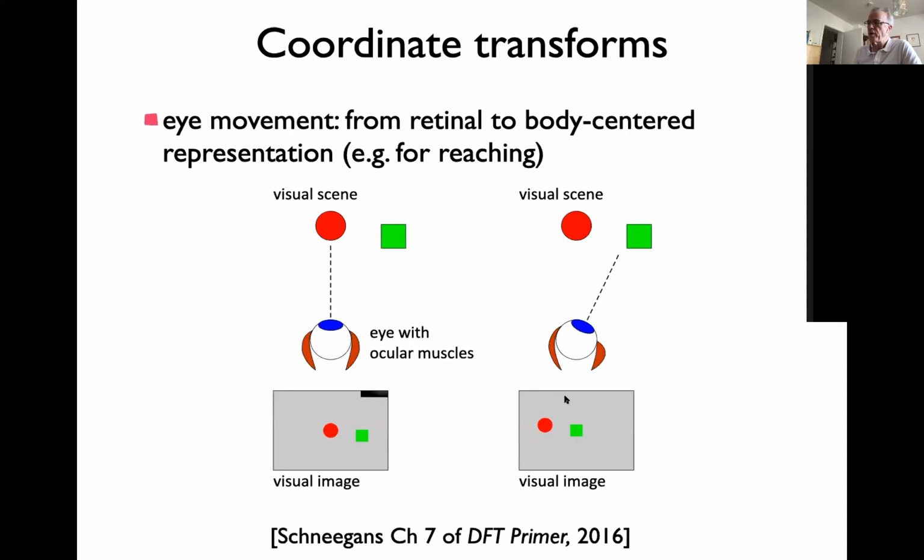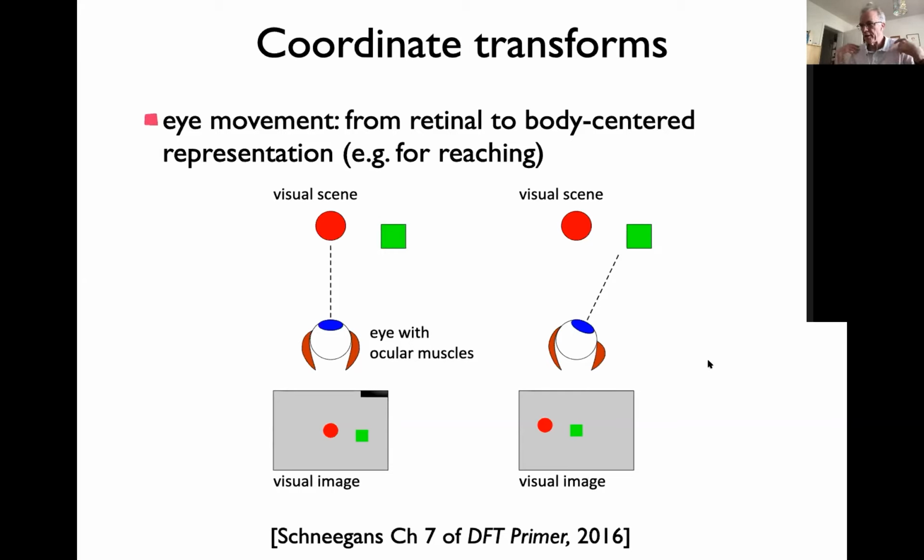So the retinal frame is variant, and the coordinate transform issue is that you might want to have a representation of the visual space that is invariant under that gaze shift, just like the visual scene is. For instance, that is anchored, let's say, in the body or in the head. I'm not looking into the difference between eye, gaze, and the head, sort of mingling that together, which is neurophysiologically correct.